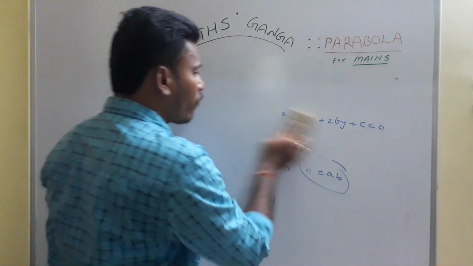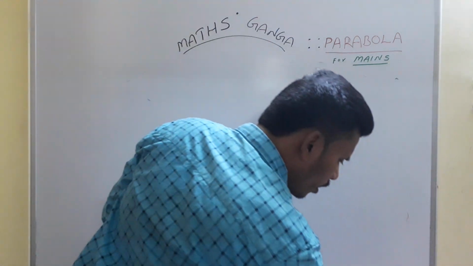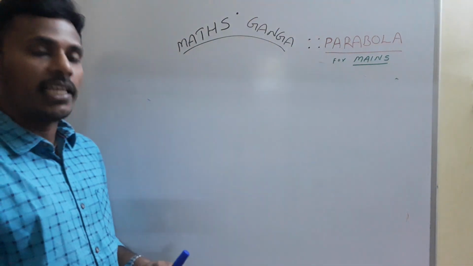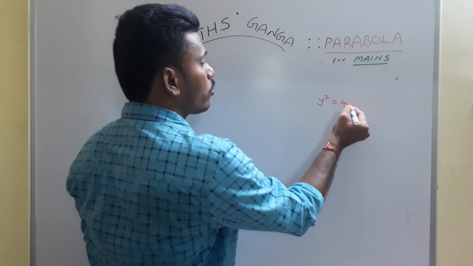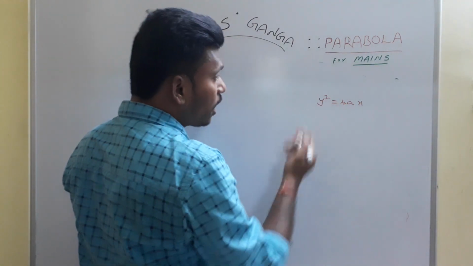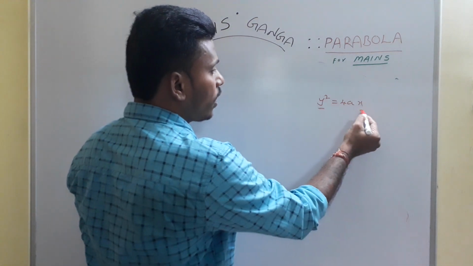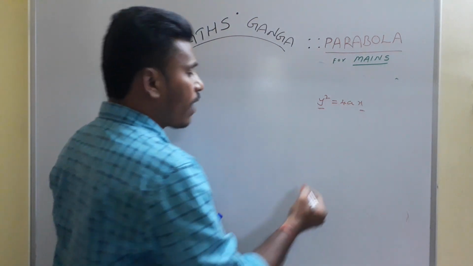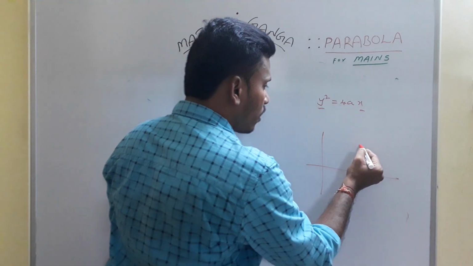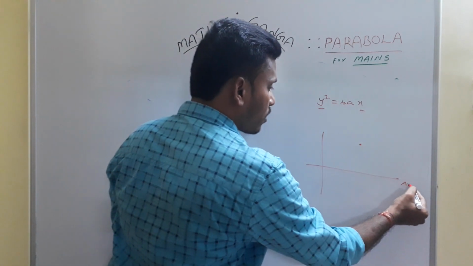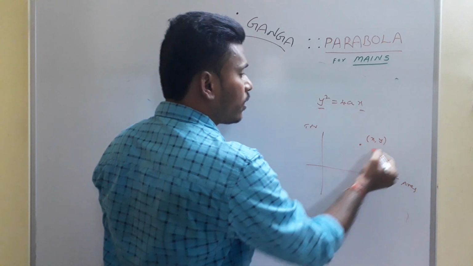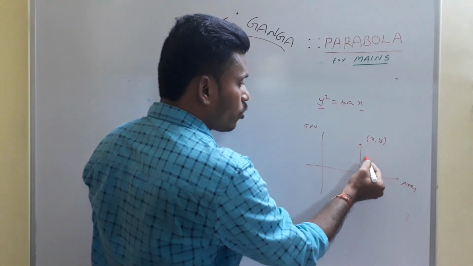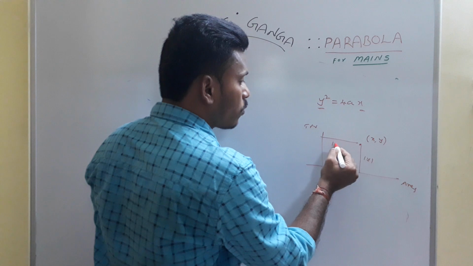Then coming to another form, if you have the axis as well as the tangent at the vertex. See, the standard form is usually y square is equal to 4ax. By observing this y and this x, if you have this coordinate axis, standard form, this is the axis and this is the tangent at the vertex. So if you have any point in this coordinate system, this distance is usually mod y and this distance is mod x.